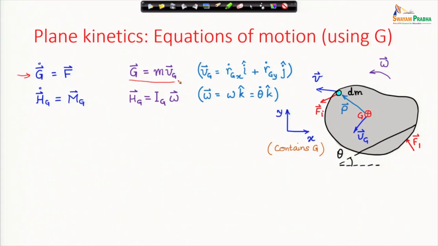The equation of motion for the rotational dynamics, which is the angular momentum equation about G, is given by: rate of change of the angular momentum about G is equal to the moment of all forces about G. And we have looked at the expression of the angular momentum about G. It is equal to the moment of inertia about G times omega. Under the simplifications that we have, the moment of inertia about G in this case of planar kinetics has become a scalar.